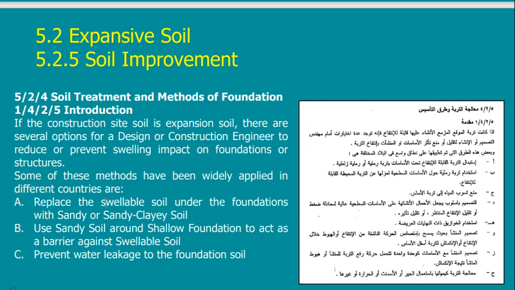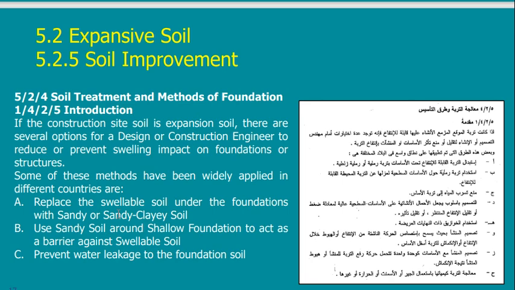Either by replacing it, taking it away and bringing another good type to replace it, or treating it in place. So either replacing it or adding something, or trying to prevent water from reaching it, or whatever we can do to improve the type.